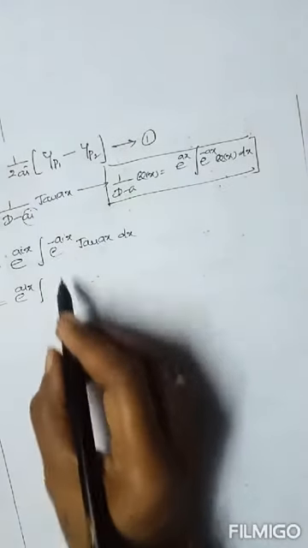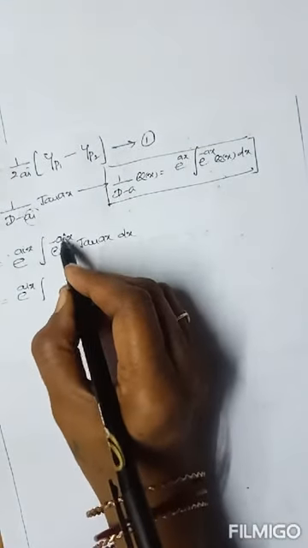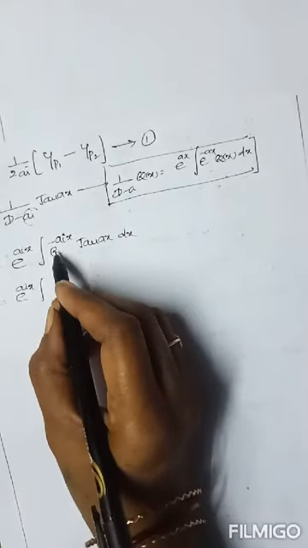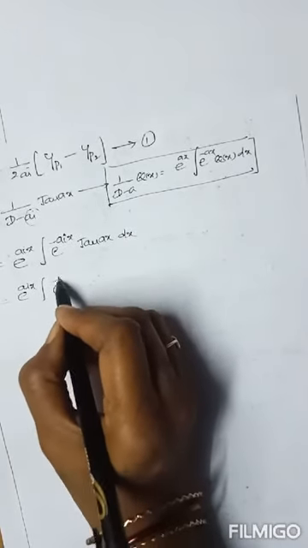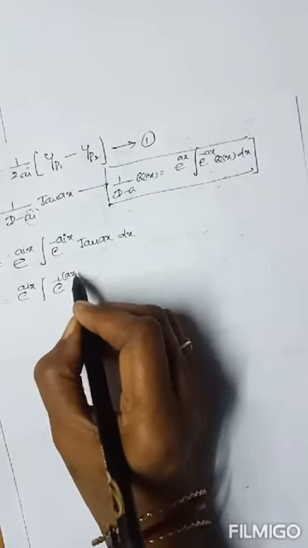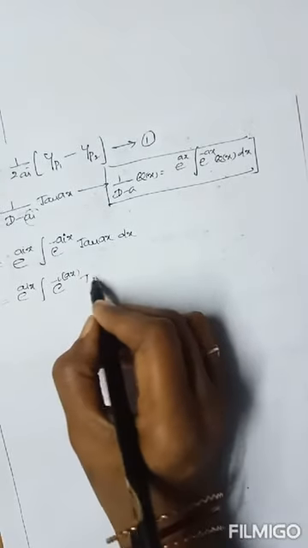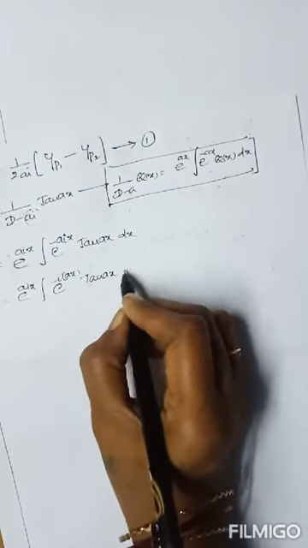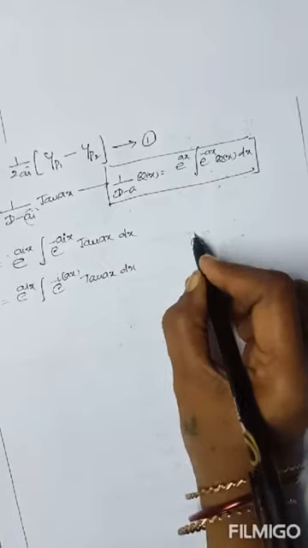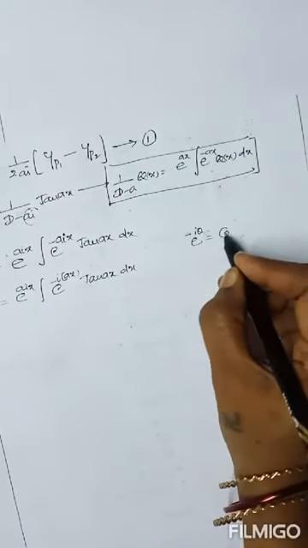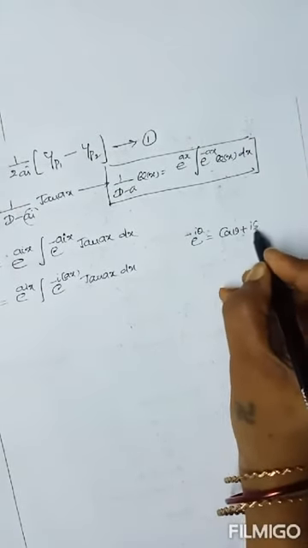To integrate this, there is no formula because I is there, a complex part, so it is written as e power minus i ax. Now this is e power minus i theta form. E power minus i theta can be written as cos theta plus i sin theta.